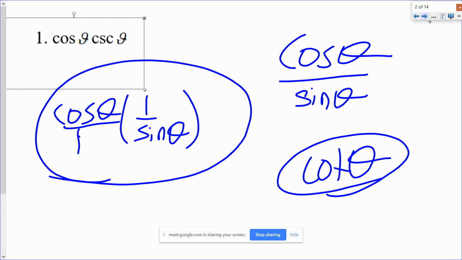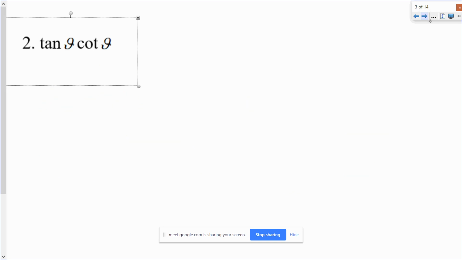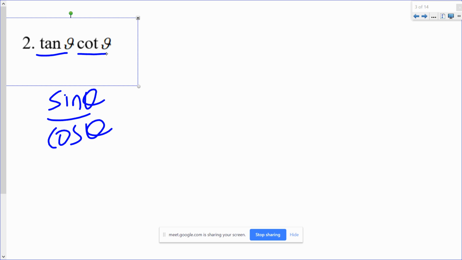Number 2, tan theta, cotan theta. So I want to express everything in terms of sine and cosine. So tangent is sine over cosine. Cotangent is cosine over sine.